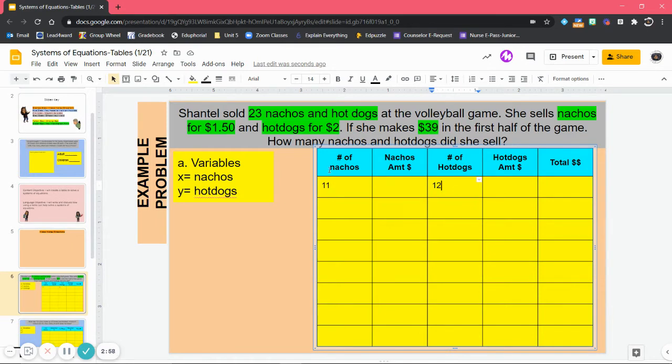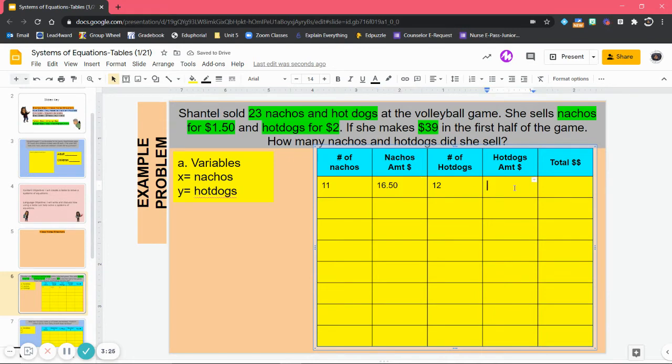I know nachos are $1.50, so I'm going to plug that into my calculator. I don't actually have a calculator on this computer, but I have it off to the side. So I would do 11 times my $1.50, and that amount comes out to $16.50.